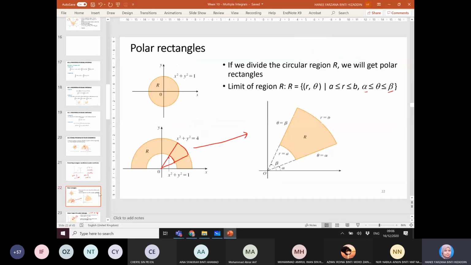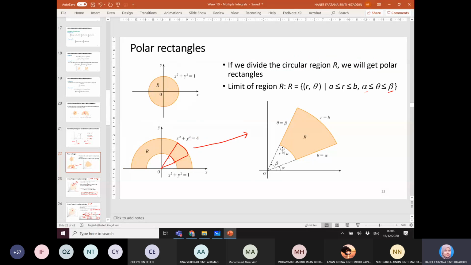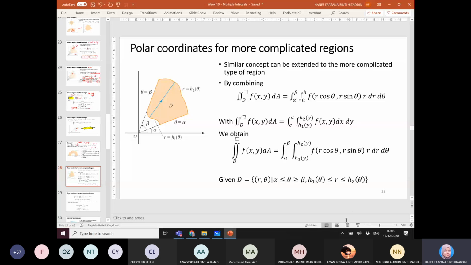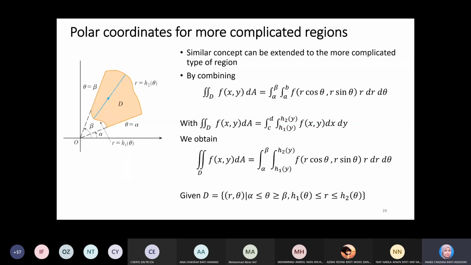We can do so with polar rectangles too, because we don't always work with nicely bounded curves from r equals something to r equals something, but sometimes we need to work with this kind of curve instead. In this case you have this bounded region from r equals h1 as a function of theta until r equals h2 as a function of theta, and theta is from alpha to beta. So this is a more general region of polar coordinates.